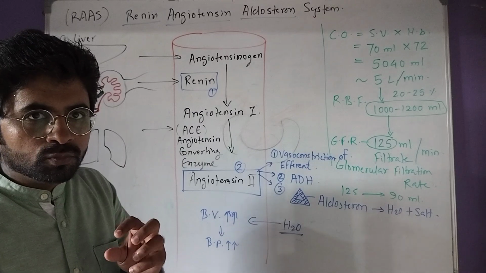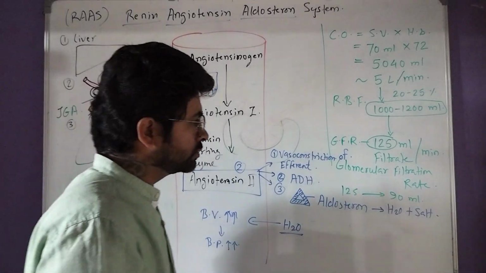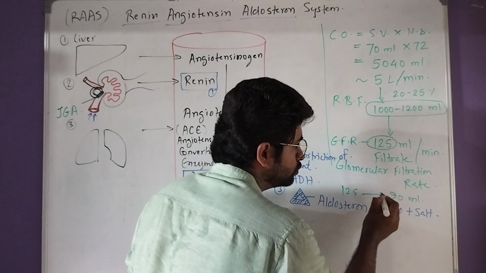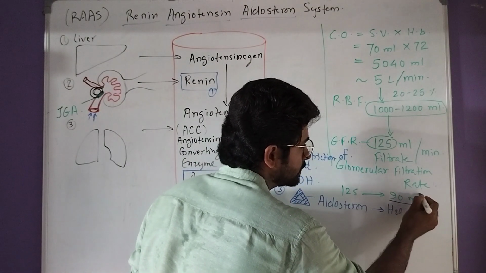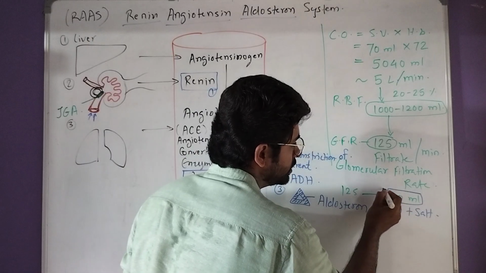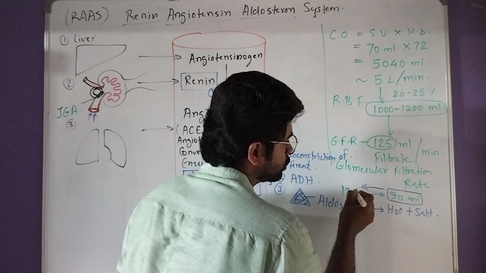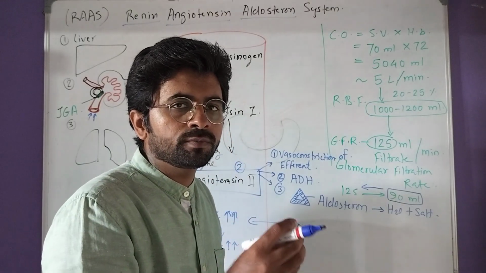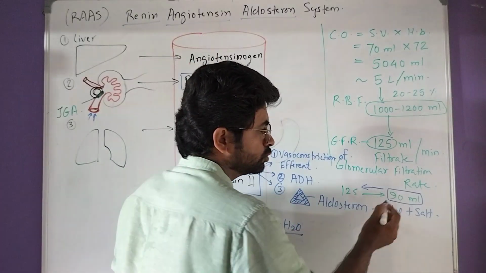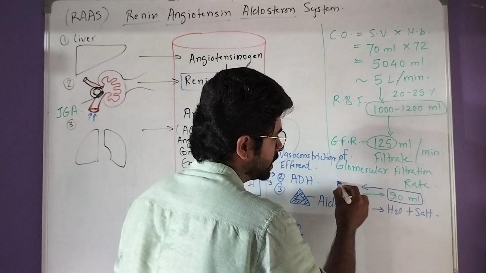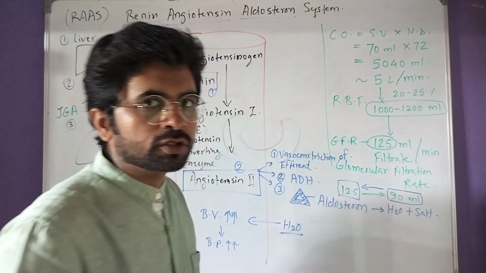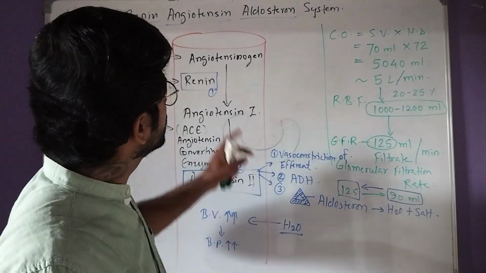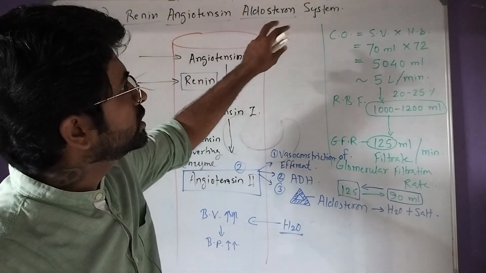So when more filtrate is formed, the lesser GFR can be taken back to normal GFR because now more filtrate is formed per minute. So from an abnormal condition we can achieve our normal condition again with the help of the renin-angiotensin-aldosterone system.